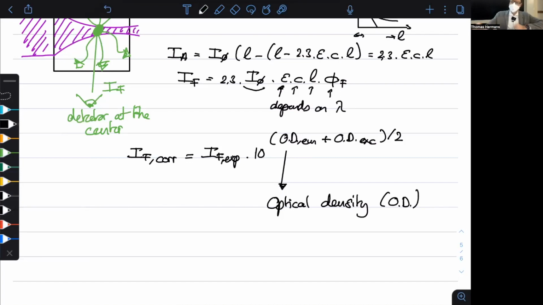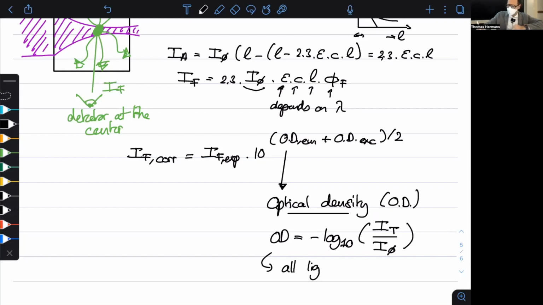Okay. And optical density, it's just a mathematical trick, it is minus log 10 of the intensity of transmission over the intensity of the incident light. Right? So it's just to give you an idea. So if all the light is transmitted, optical density is what?